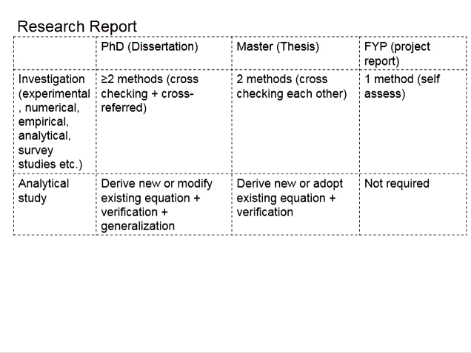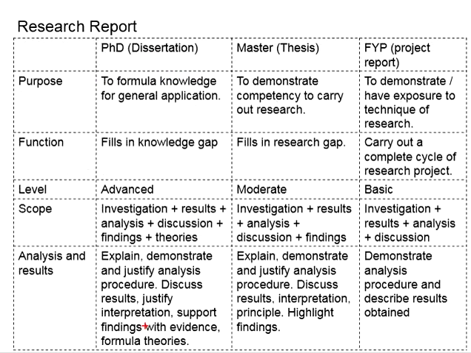We are also looking into the thoroughness of the study. Therefore, it is possible for PhD students to use more than 2 methods in order to carry out the research, to increase the confidence level, and to use those methods to cross-check each other and to prove the theories that you are formulating.